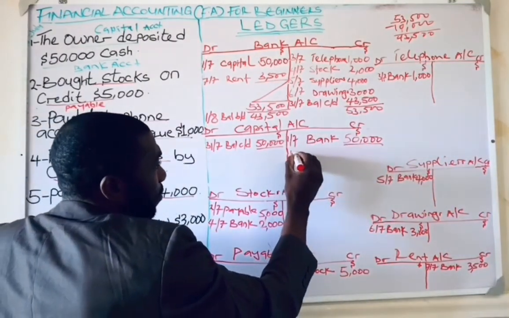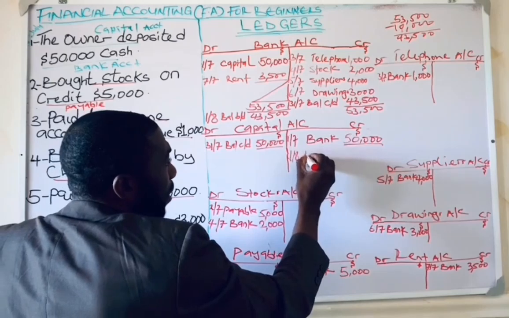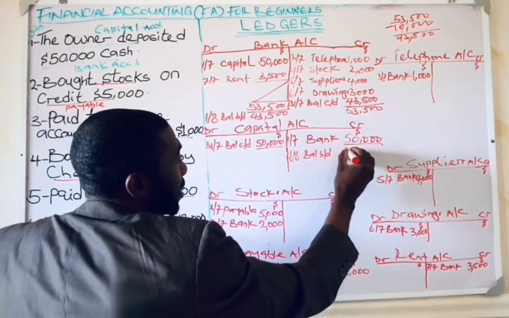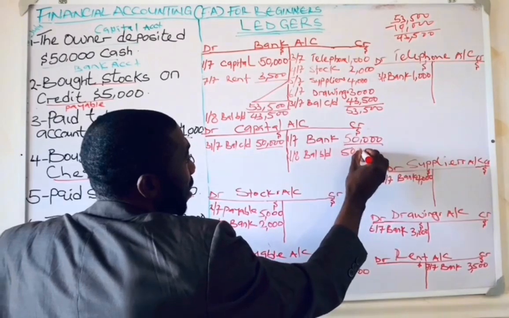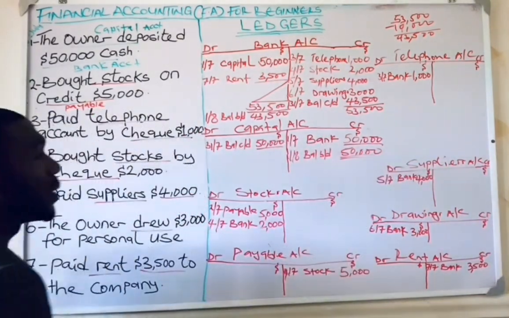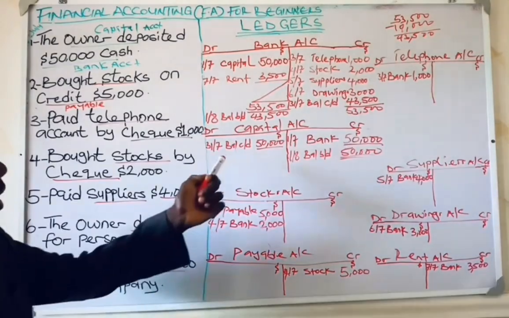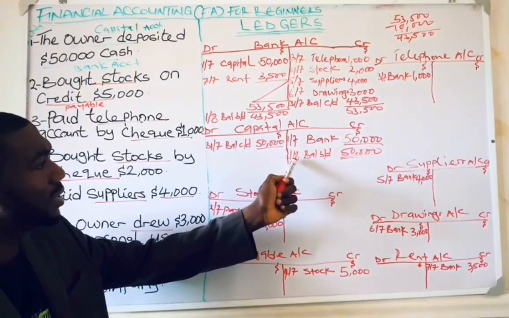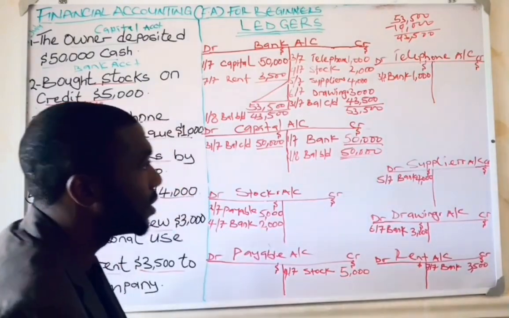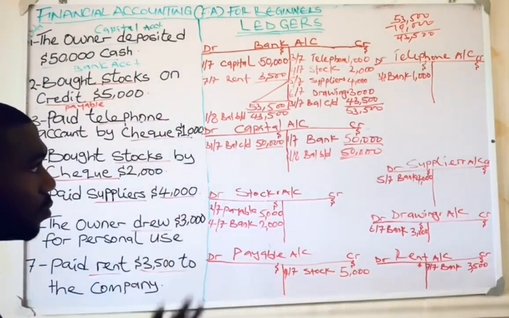At the 1st of August, your balance BD, brought down, is $50,000. Simple as that. That is, at the beginning of next month, this is what we have to continue our business or transactions. That is how we'll be doing it.